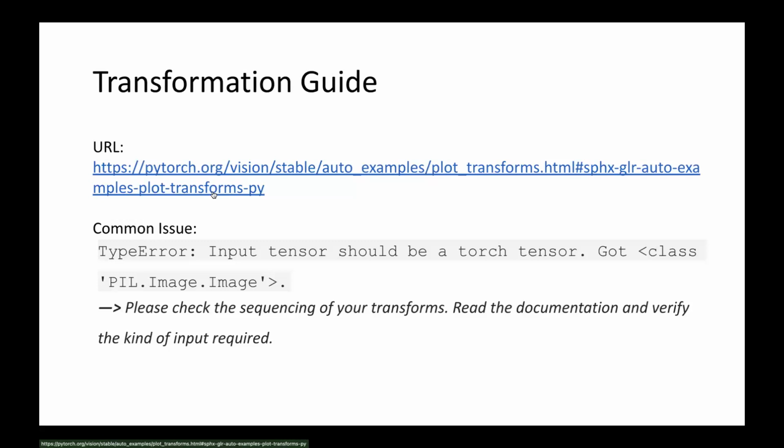One of the very common issues that come up when you're trying to use transforms is this type error, which says that the input tensor should be a torch tensor. This is a very common issue, and so it's on the slide. One thing you might want to know at this point is that you need to check the sequencing of your transforms. Some of these transforms require the input to be a tensor, and so they should go after the ToTensor transform.